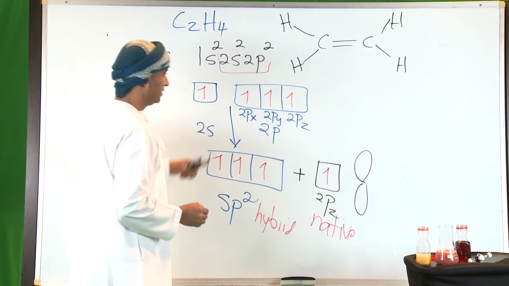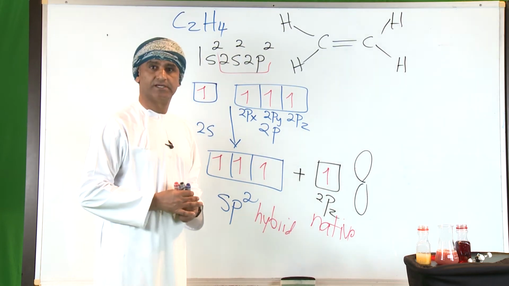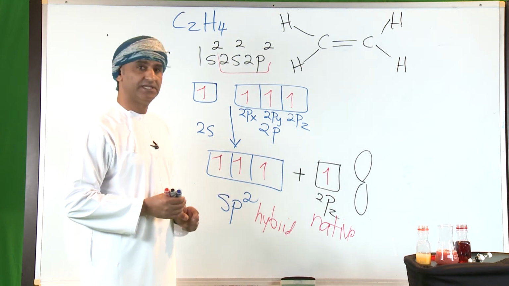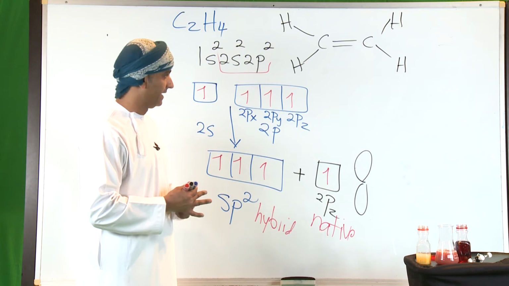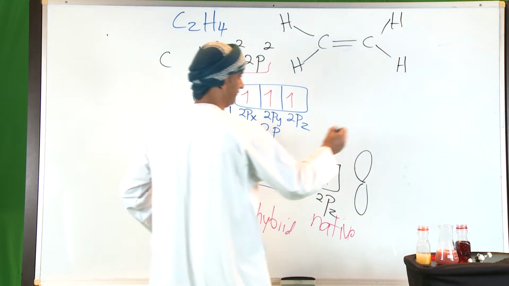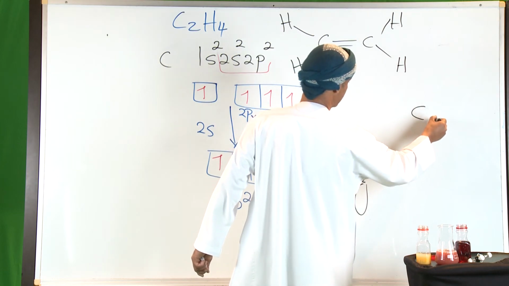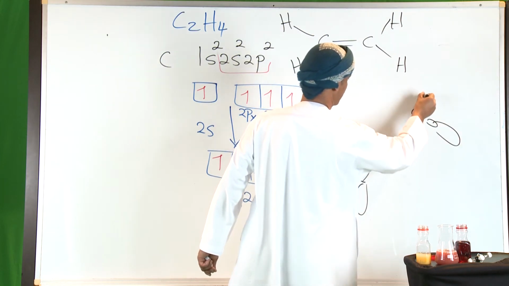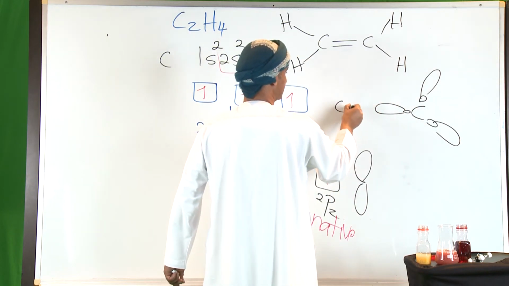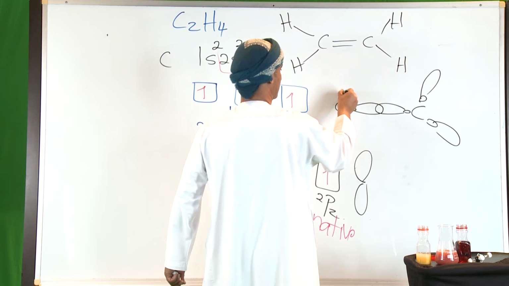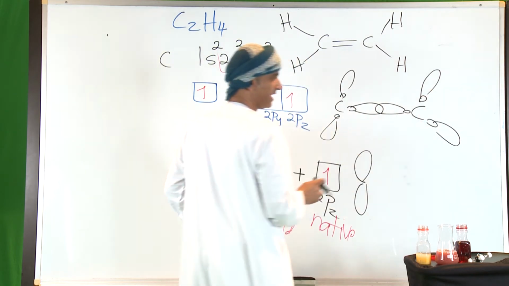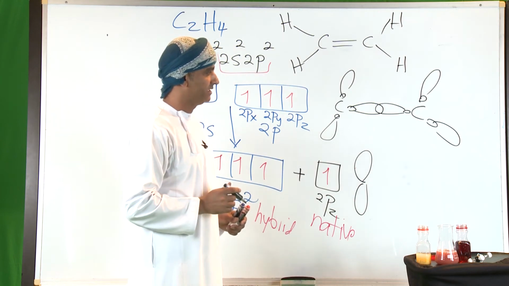So on each carbon, there are 3 sp2 hybrid orbitals and 1 native 2pz orbital. We can now draw a picture of bonding in the case of ethylene. There are 3 sp2 hybrid orbitals around each carbon, so something like that would be reasonable.